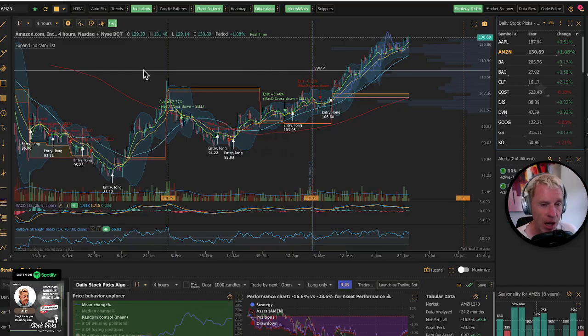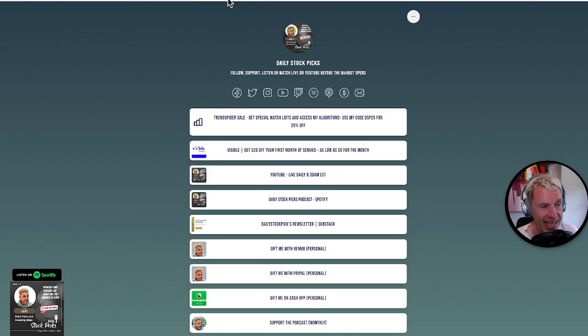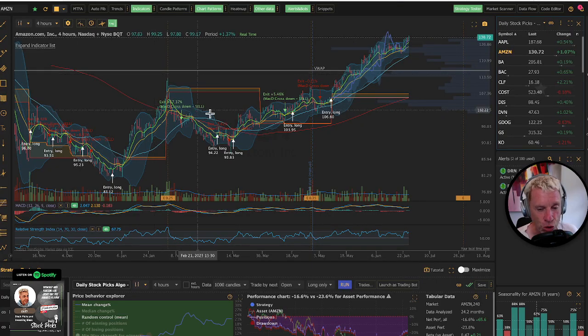If you like this algorithm where it tells you to get in, tells you to get out, it gives you the gaps, sign up for TrendSpider, then sign up for the newsletter, and you'll get my detailed look of how I set everything up. It's super, super easy. This is what takes emotion out of the trade. What I typically do is if I'm looking at a stock, I will set an alert for a MACD crossup, because a MACD crossup is usually bullish.